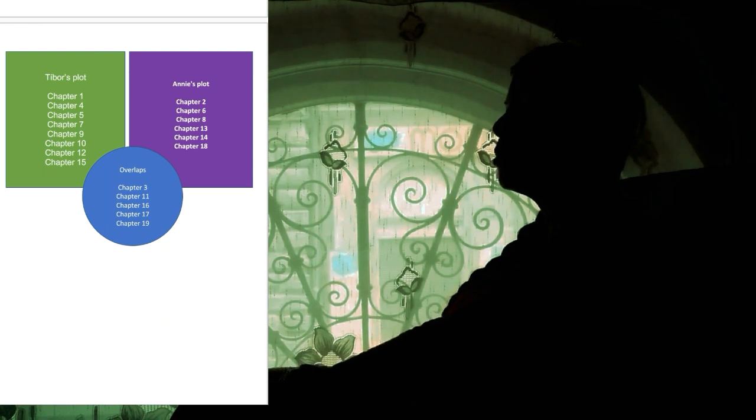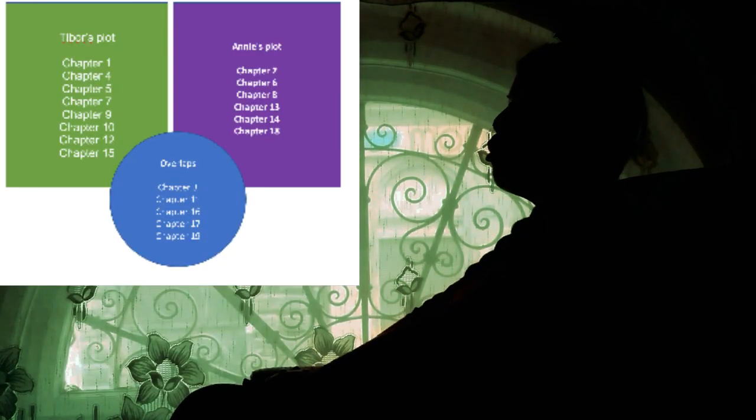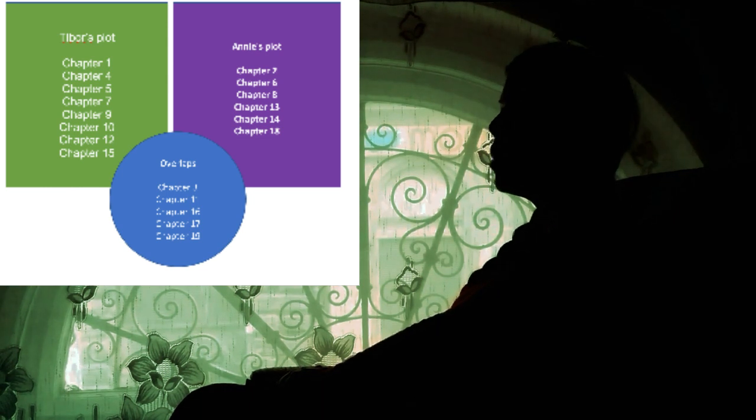This blue circle in the middle touching both characters is the overlapping chapters, and I wanted to have them in specific parts of the novel. So chapter 3, chapter 11, chapter 16, chapter 17 and 19.